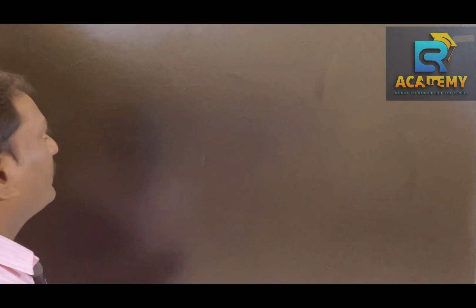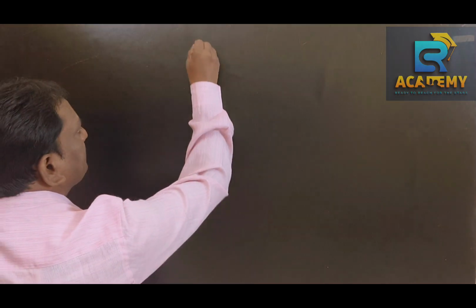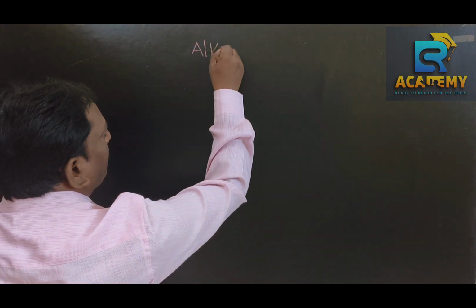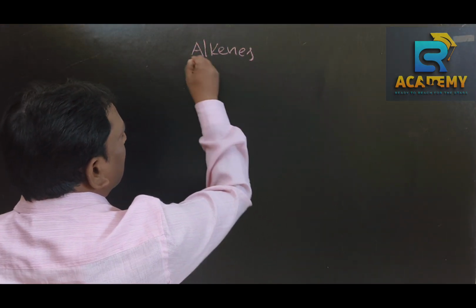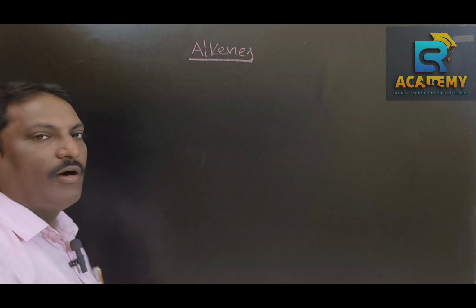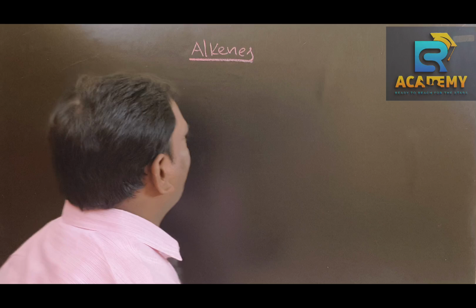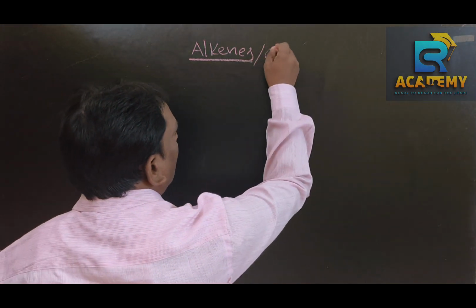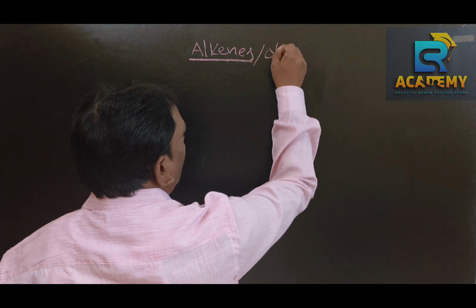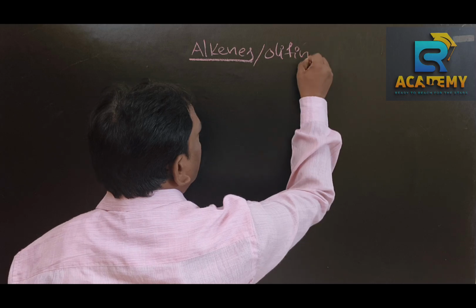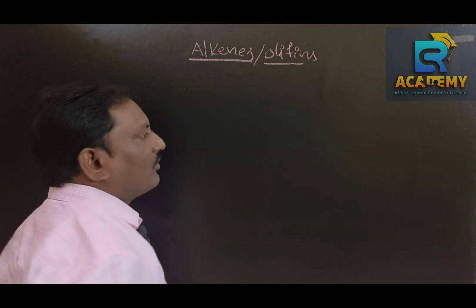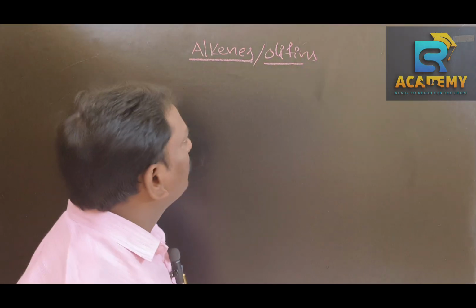Alkenes. Alkenes are hydrocarbons. Alkenes are also called olefins.